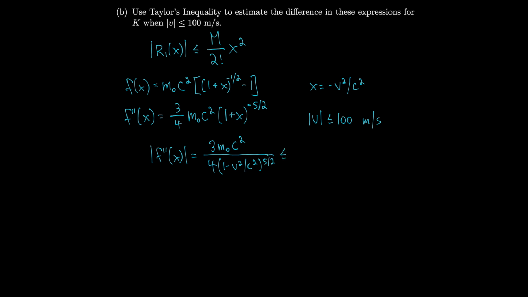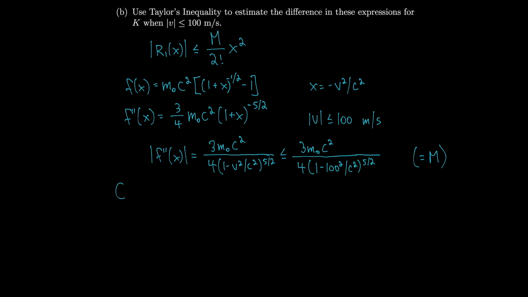And that'll be less than or equal to 3 times m naught c squared over 4 times (1 minus 100 squared over c squared) to the 5 over 2. Notice that you have this thing less than or equal to 100, so we just slip that right in there. And we'll choose this to be equal to n, because that's our bound in our derivative.